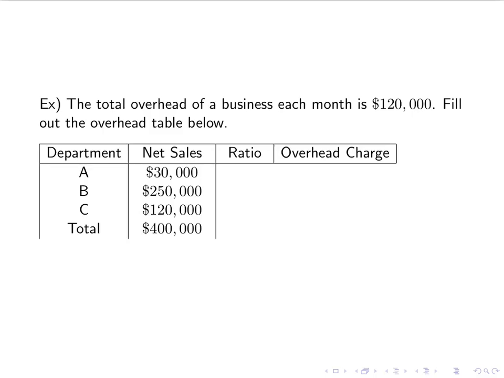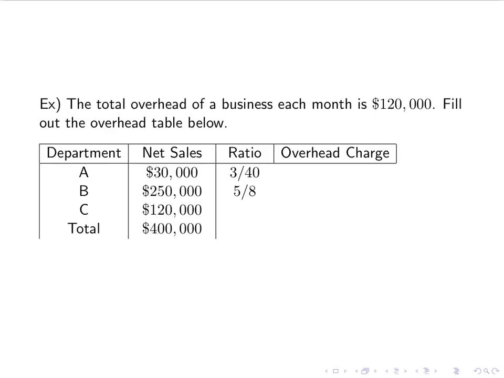To find the ratio, again, I'm going to take the net sales for the department, divide it by the total net sales. I can cancel 4 zeros in both the top and the bottom, and I'm left with 3/40. I do the same thing for Department B, 250,000 divided by 400,000. That will simplify down to 5/8.